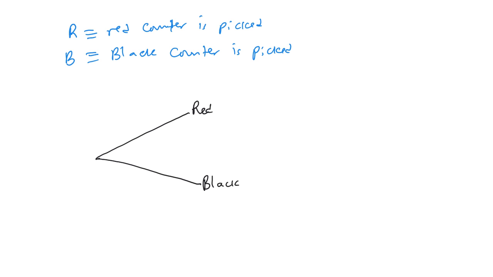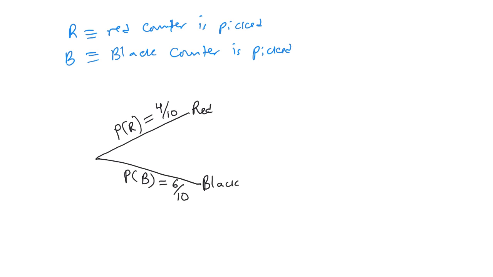That's the first time. So the probability of picking R, remember in this bag there are 4 red and 6 black, is 4 out of 10. And the probability of picking black is 6 out of 10. There is one thing you have to know about probability tree diagrams. At every junction, the probabilities must sum to 1. So 4 over 10 plus 6 out of 10 is equal to 1.